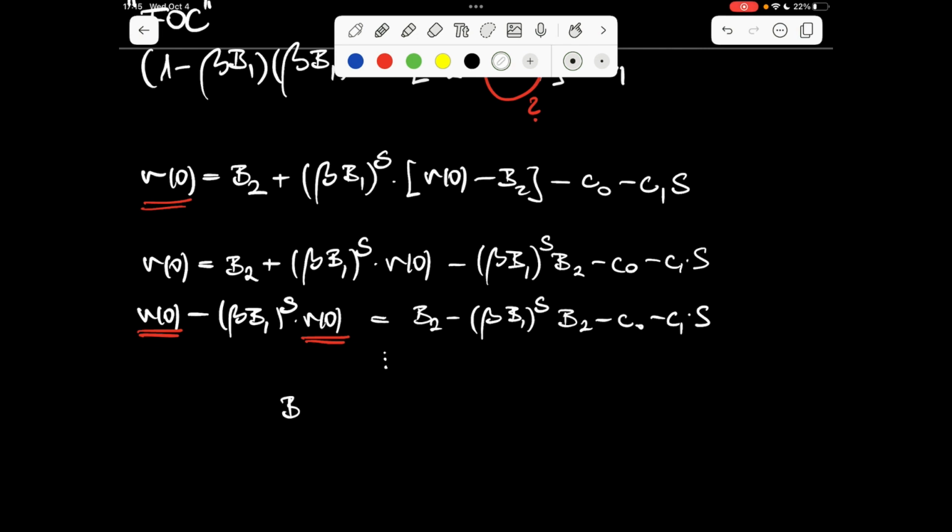So we can arrange this equation into this form.